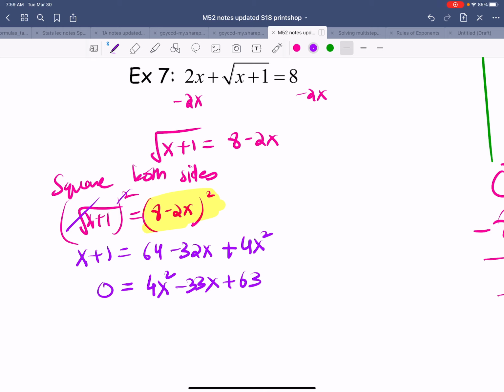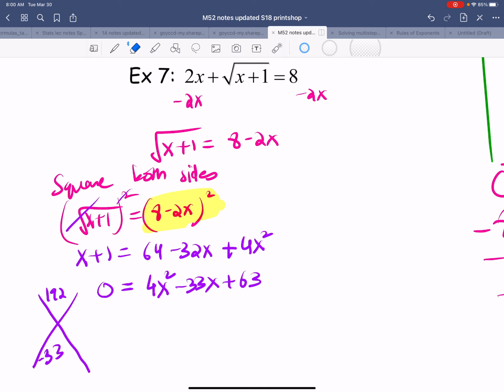I won't be able to pull anything out, but let me go ahead and do 64 times 3. So I'm looking for two numbers that multiply to give me 192 and add up to give me negative 33.